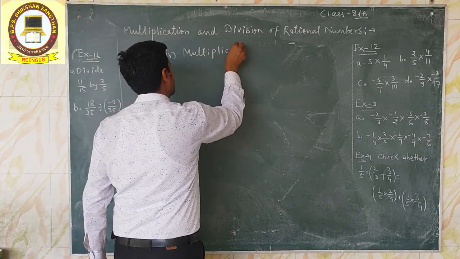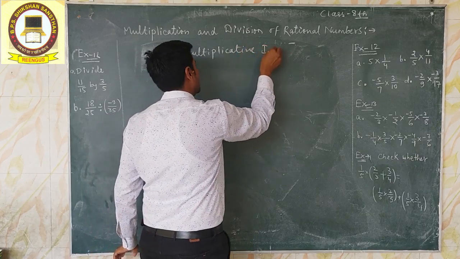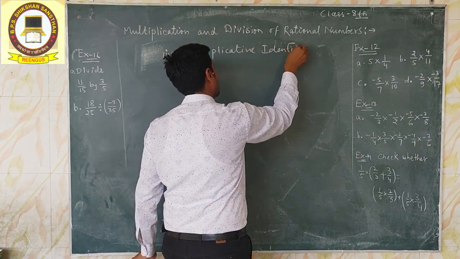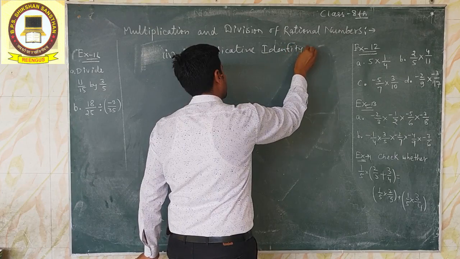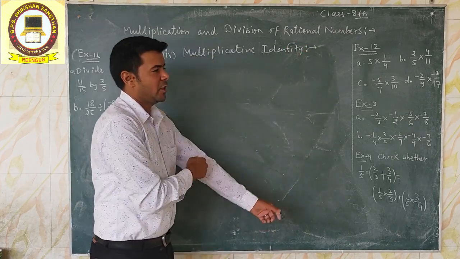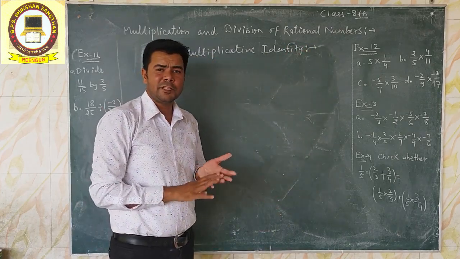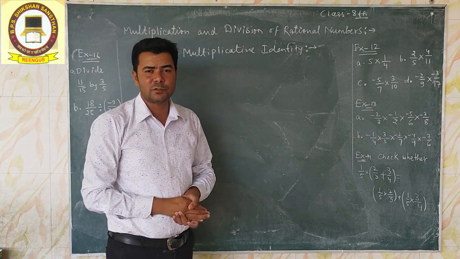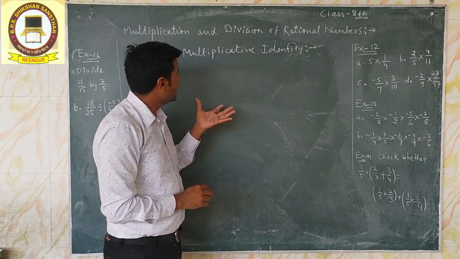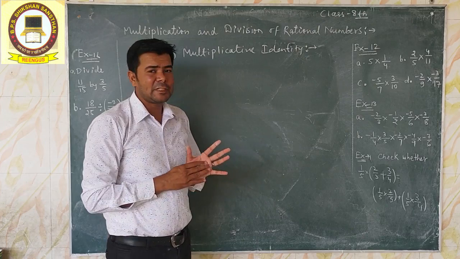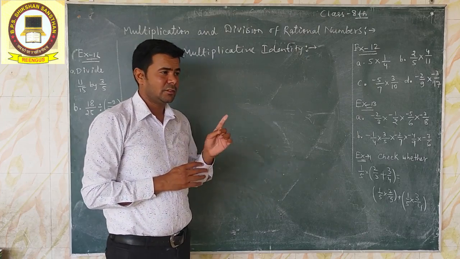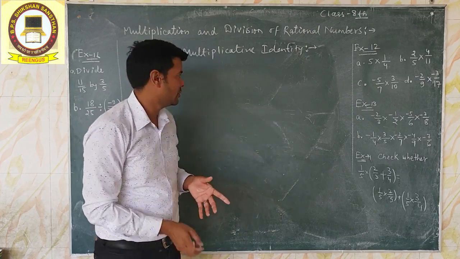multiplicative identity. ये क्या होती है? एक रैशनल नंबर को हम किस वैल्यू से मल्टीप्लाई करें कि आंसर चेंज ना हो. क्या कहा मैंने? What number can be multiplied to a rational number so that we get the same answer.